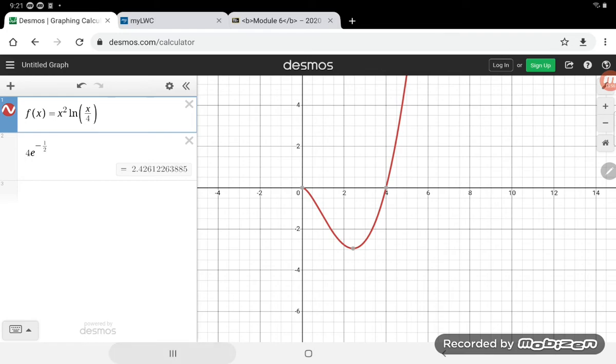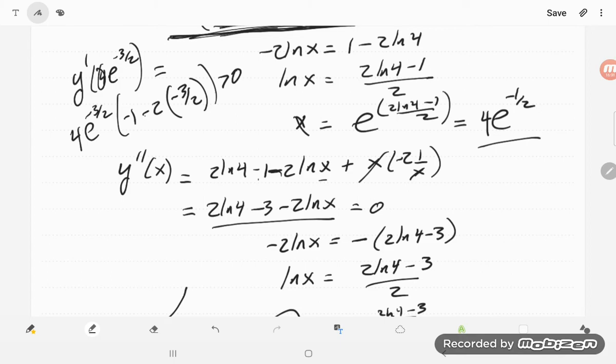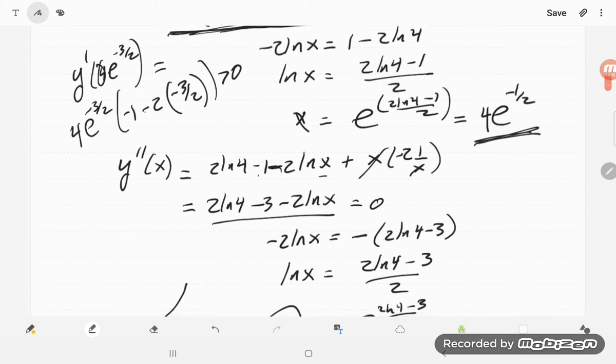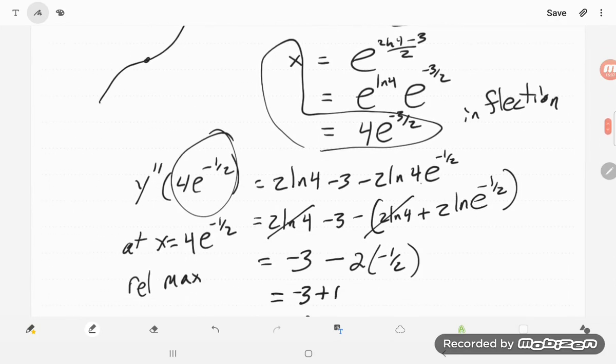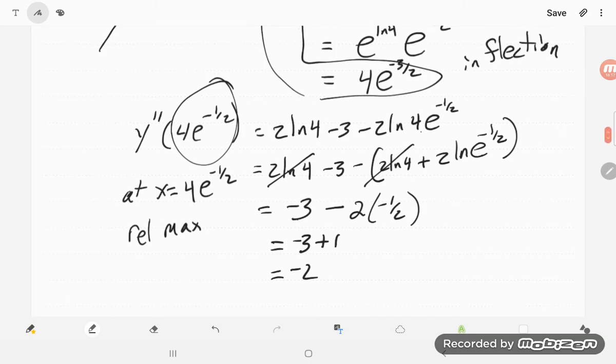I'm pretty sure I had found a negative, so let's see. So there's our number, and I did y double prime, and I have -3 and a +1. I had a -2.